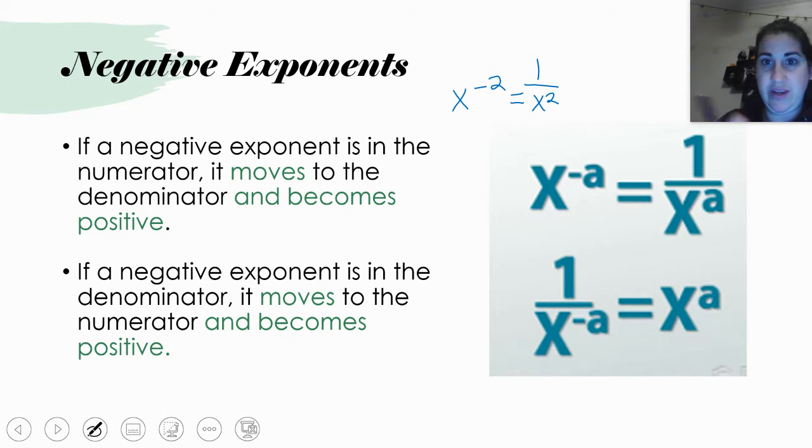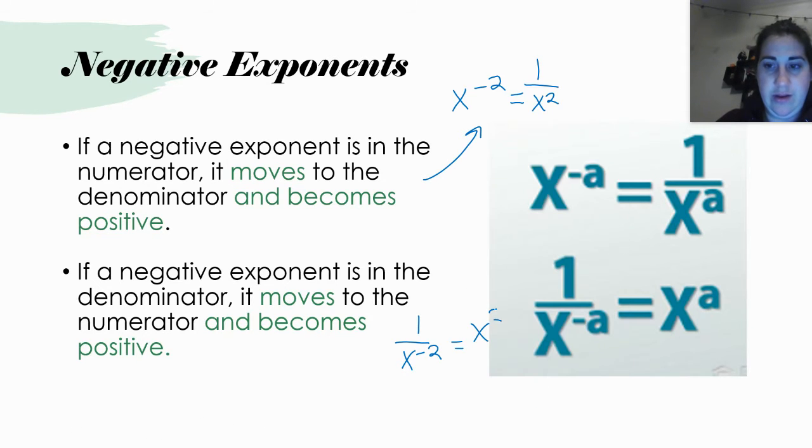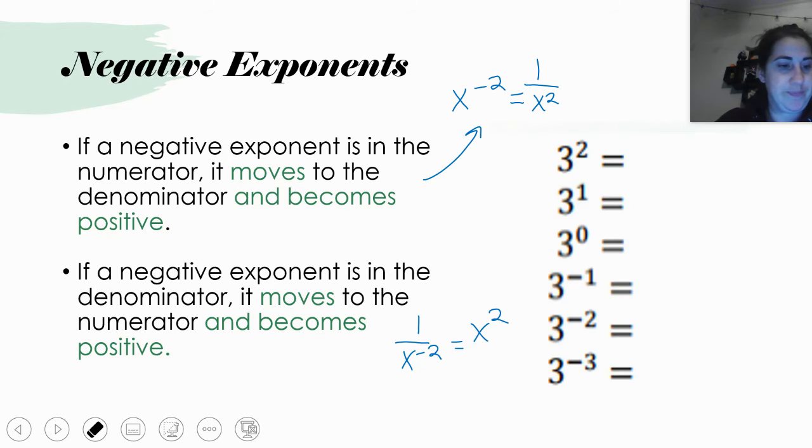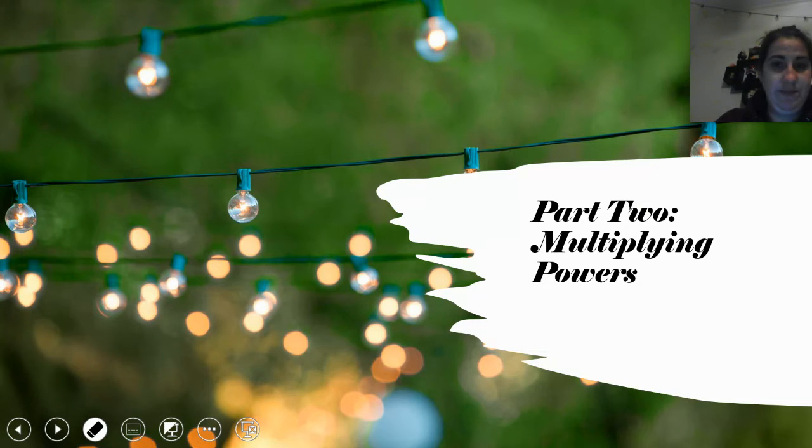It's just moving it down to the denominator. Well, what if we have 1 over x to the negative 2? Well, we just flip them. It's the reciprocal. So we have x squared over 1, but we don't need this 1, so we erase these two. Okay, that's it for part 1.